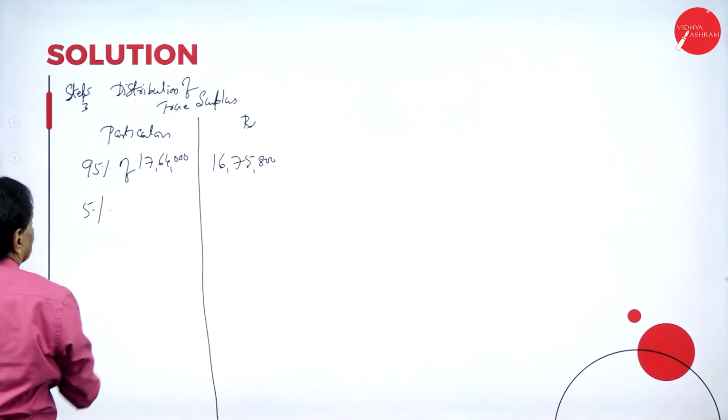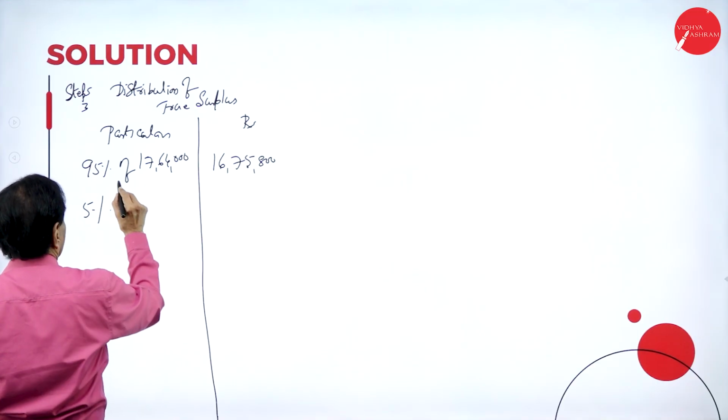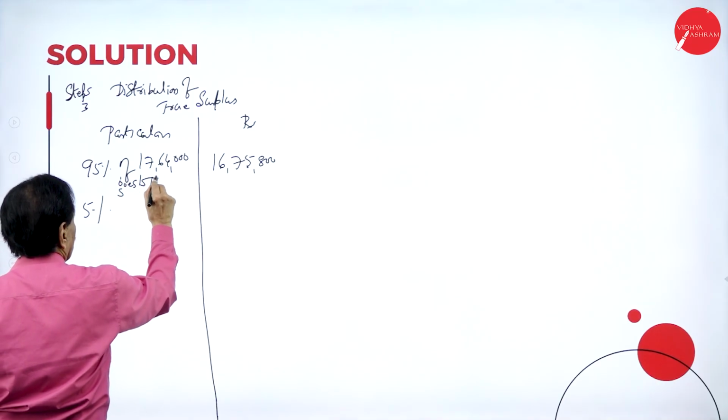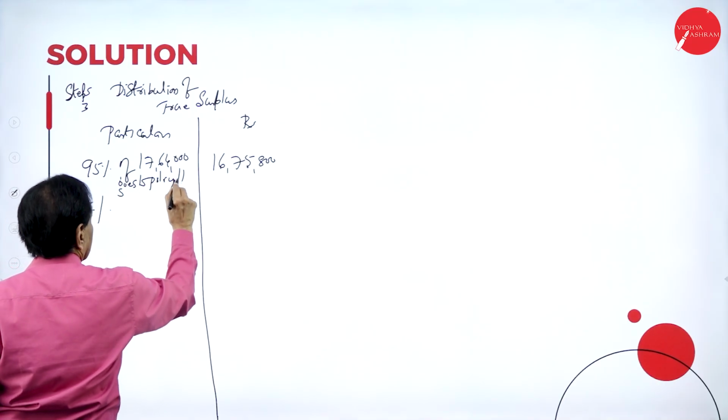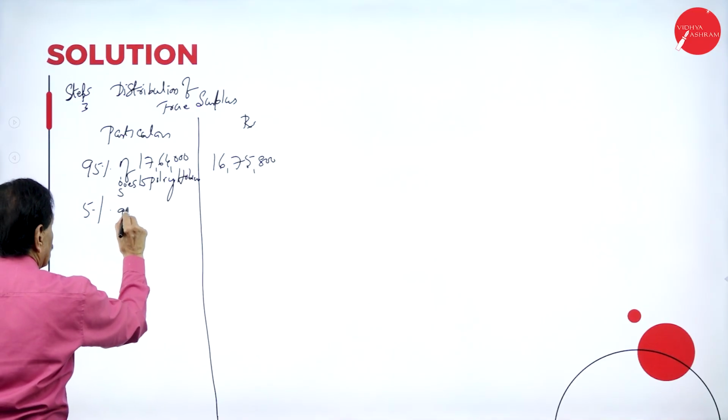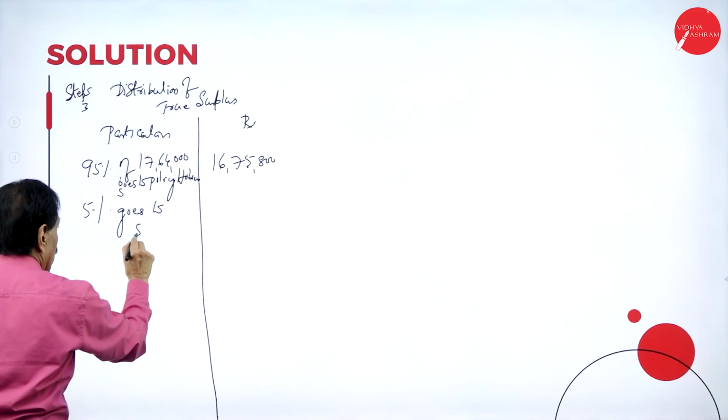5%. 95% goes to policy holder, 5% goes to shareholders.